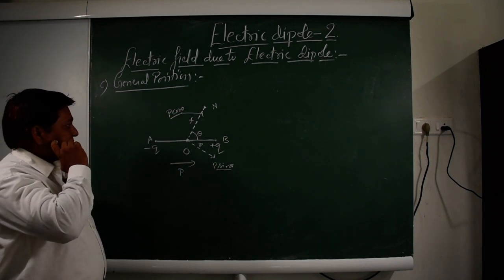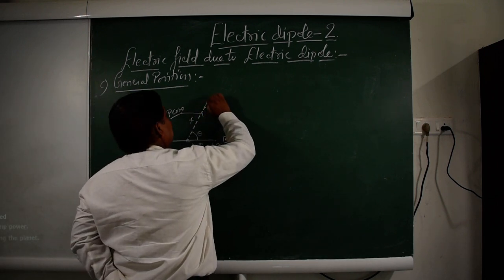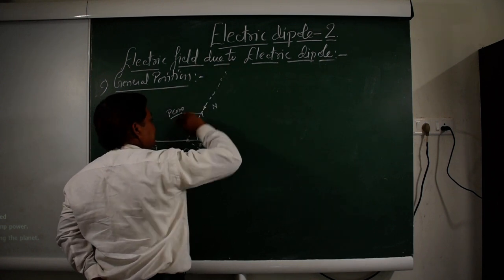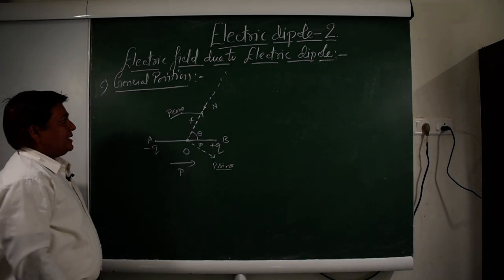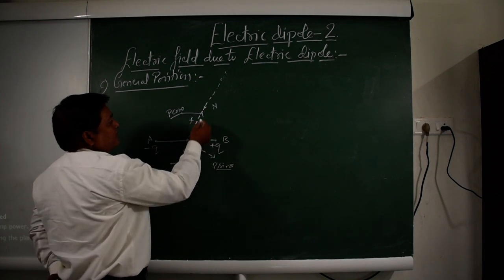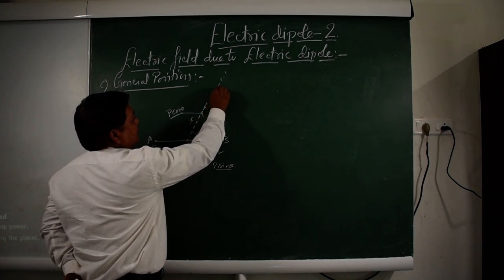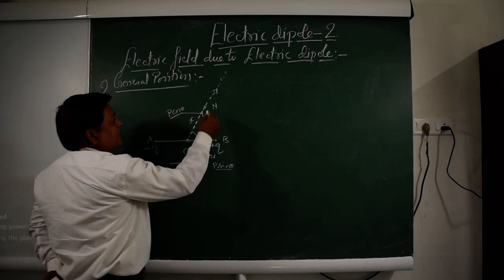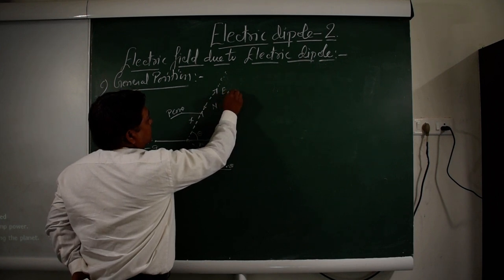P cos theta is along the axial direction of the dipole moment, so the electric field at N due to it will be E axial.